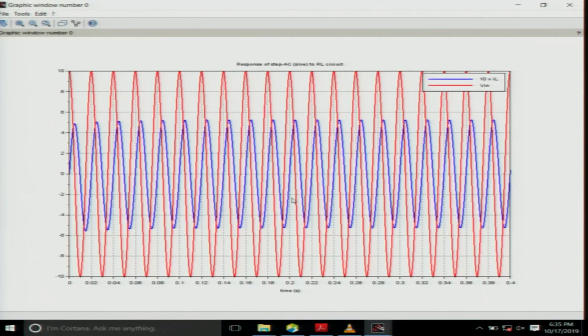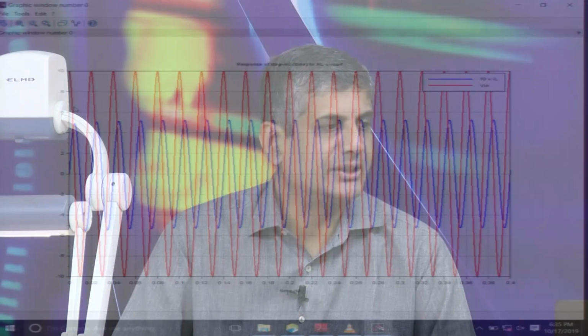What do you notice? If you switch on a voltage source which is now sin omega t plus 90 degrees, the natural transient has in fact shrunk very significantly.